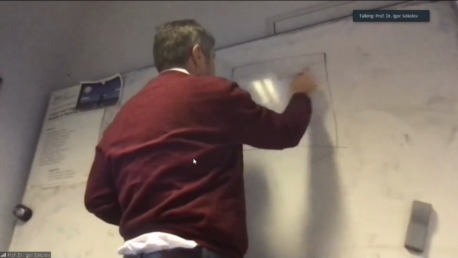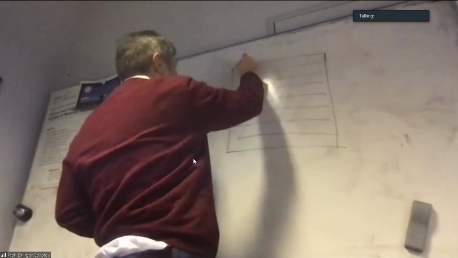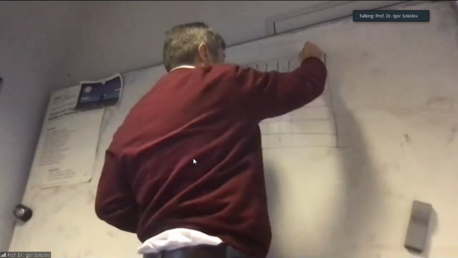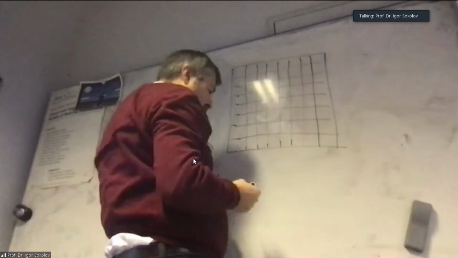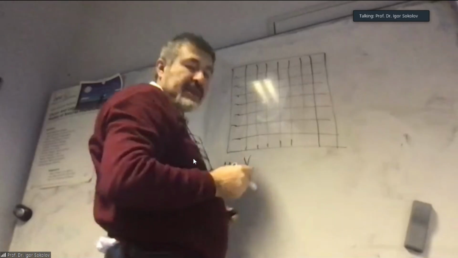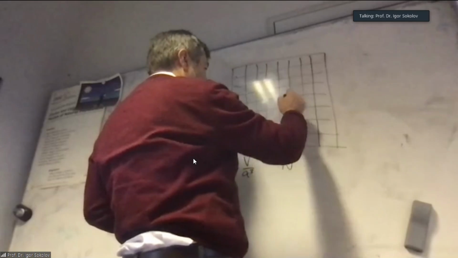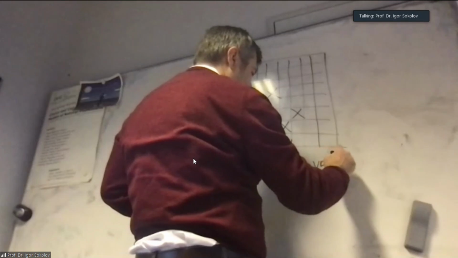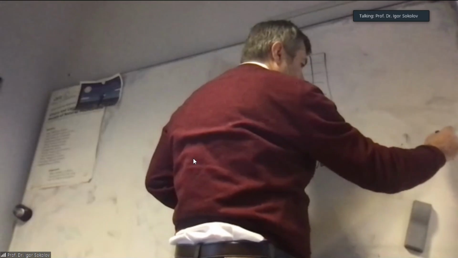This is my lattice model for the lattice gas. Now I have in total M equal to V divided by a cubed cells. N cells are occupied by molecules. And the volume of a molecule is a cubed.